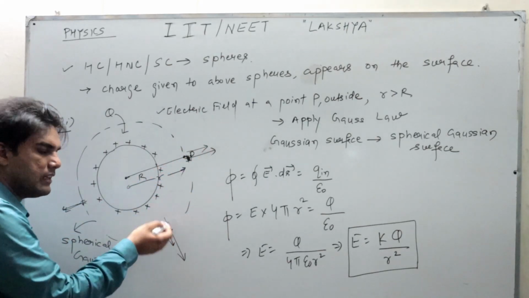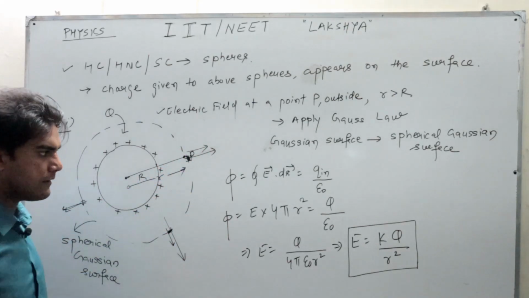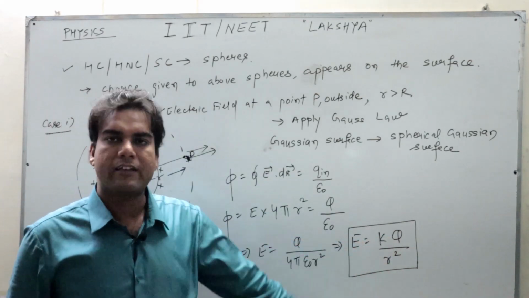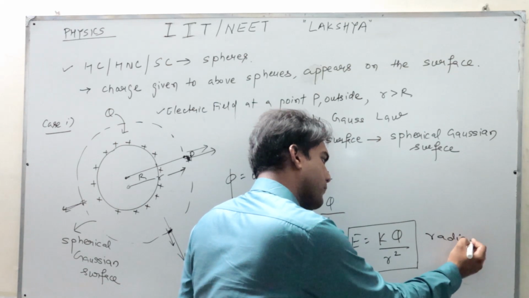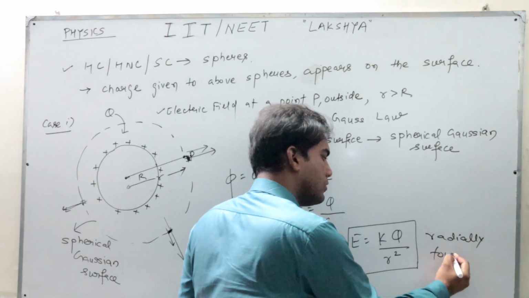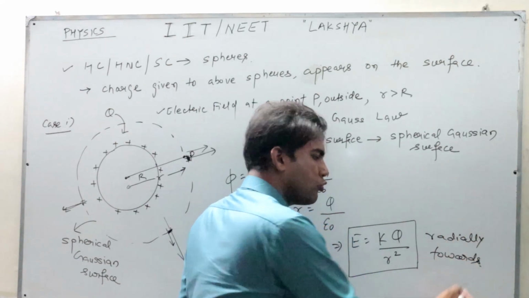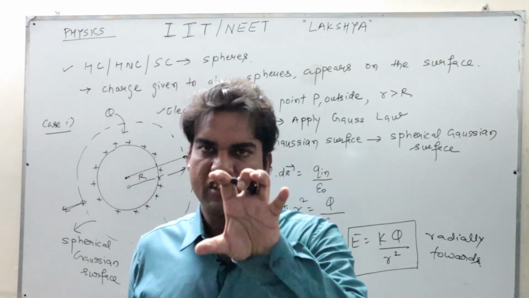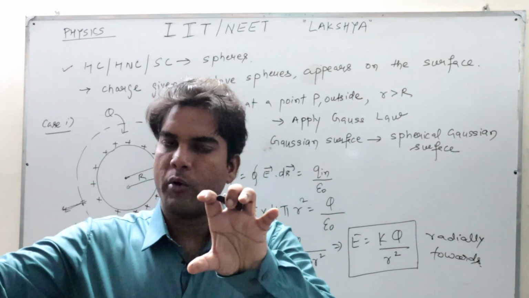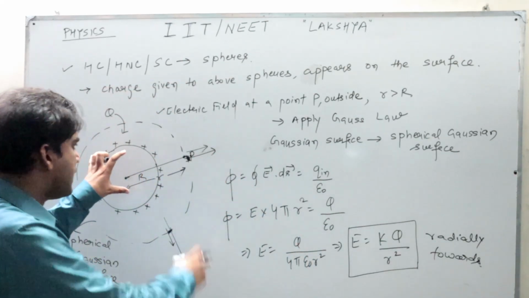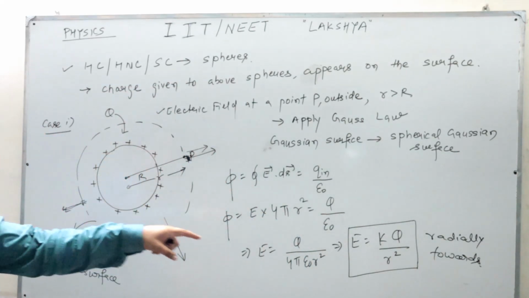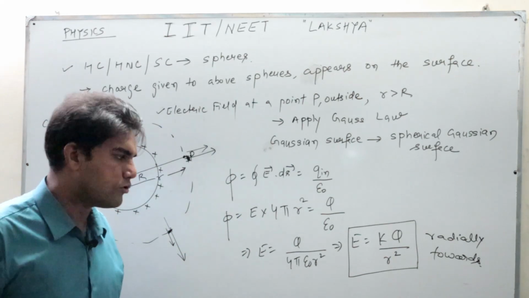So this formula is similar to that of a point charge. I can say that the entire sphere, for an outside point, is behaving like a point charge, and that is what the formula also says, kq by r square.